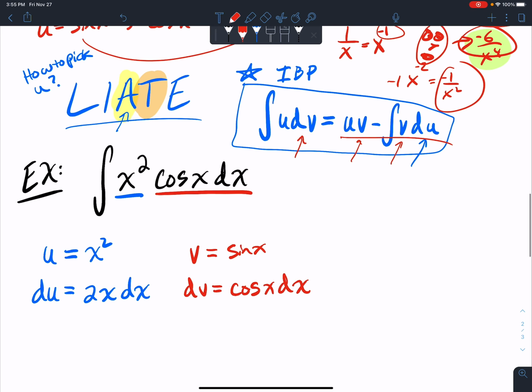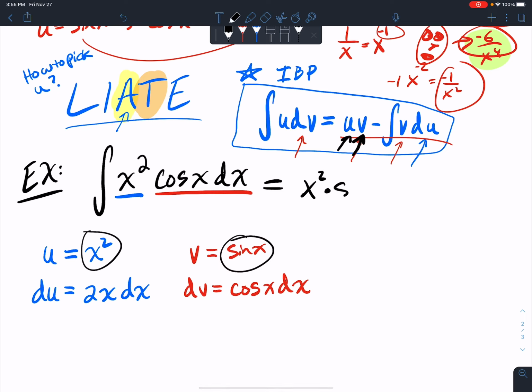Now, I'm going to replace this. What do I replace it with? This is equal to u times v. So what is u? u is x squared, times v. What is v? v is sine of x. Minus the integral of v, and v is still sine of x.